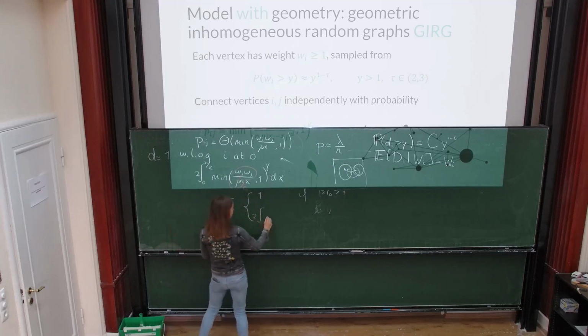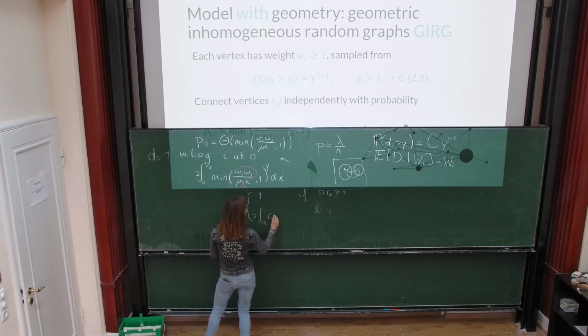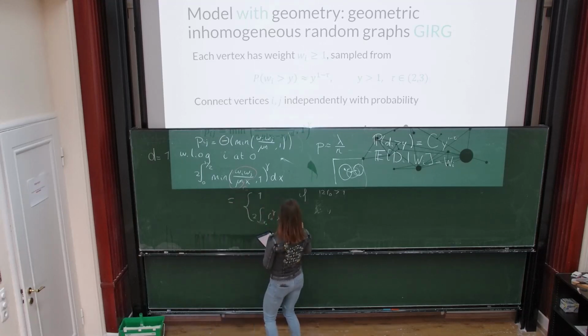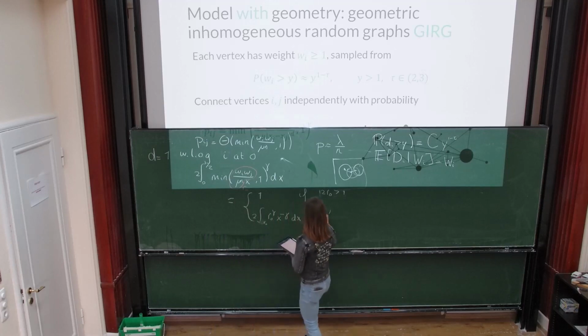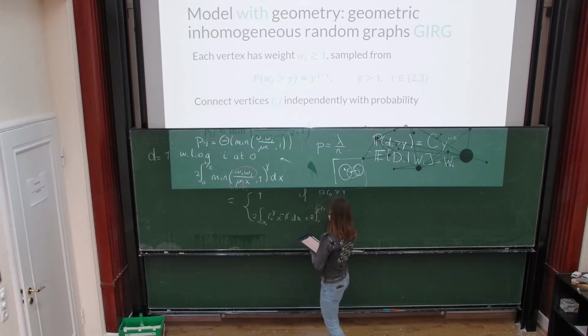So here we have R0 to the power gamma, and then x to the power minus gamma, plus the integral of 0 to twice this integral of 1.